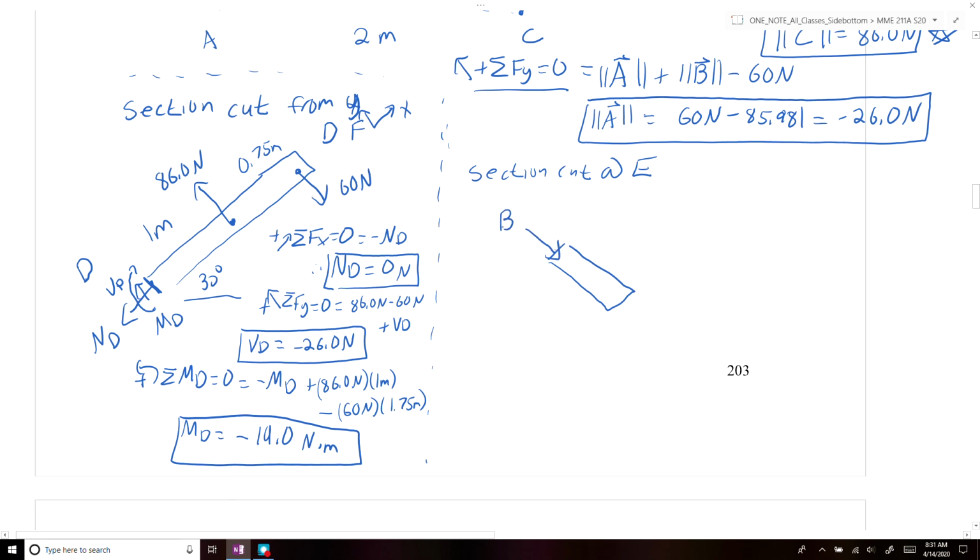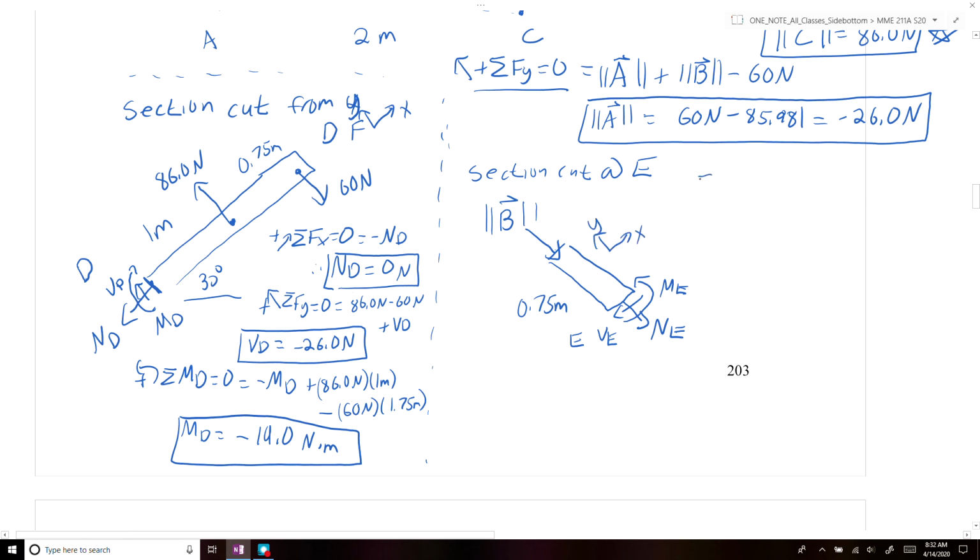We have our internal force B and our section cut at point E, which we know is 0.75 meters from point B. We'll have NE, we will have VE, and we will have our moment at E.